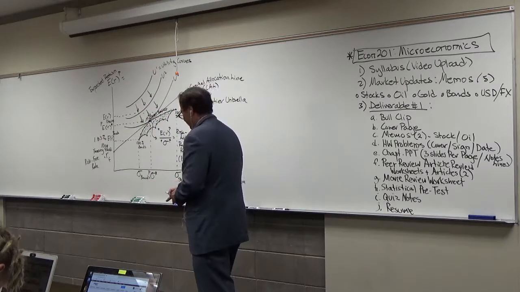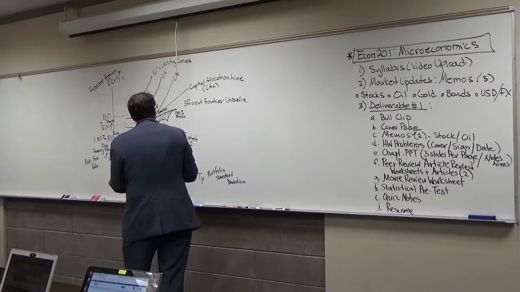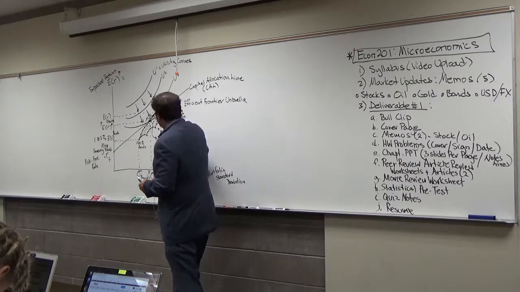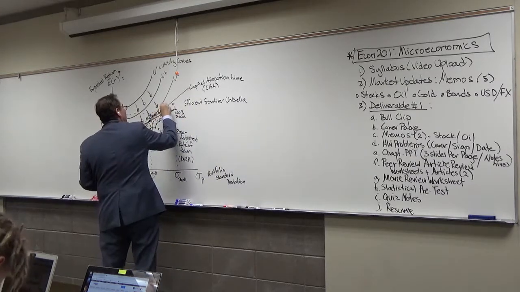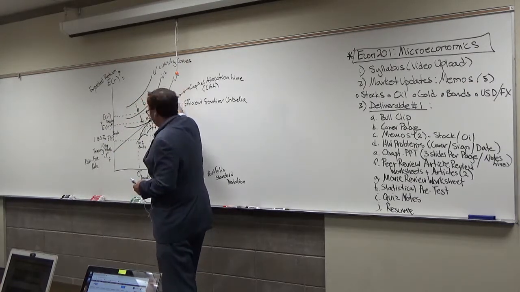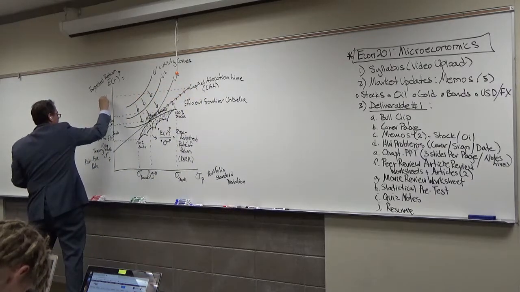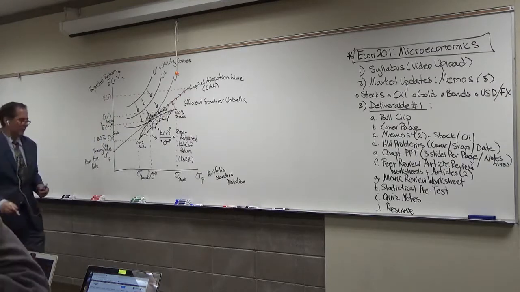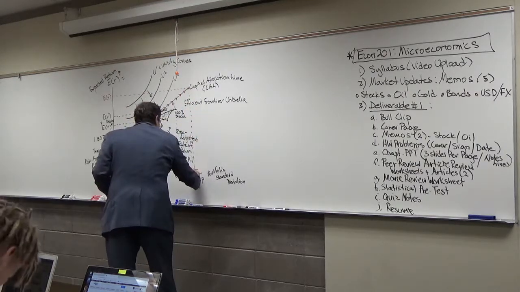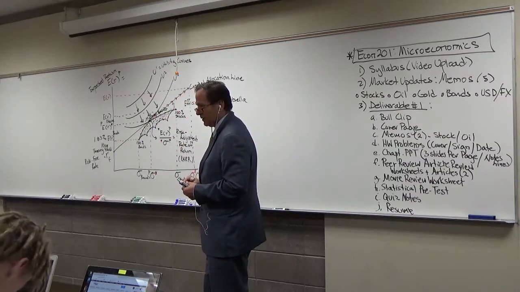All right. You can move up. Actually, what you can do is you can jump off the efficient frontier and move up the capital allocation line to a higher expected rate of return, but a significantly higher level of risk, standard deviation.